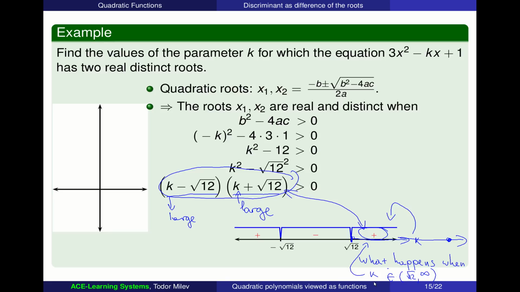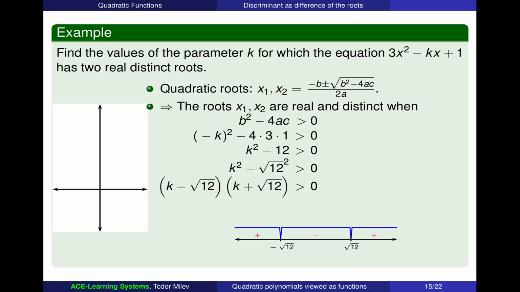Okay, now what happens when k is less than radical of 12 but is bigger than negative radical of 12? When k is less than radical of 12, this expression here is negative.